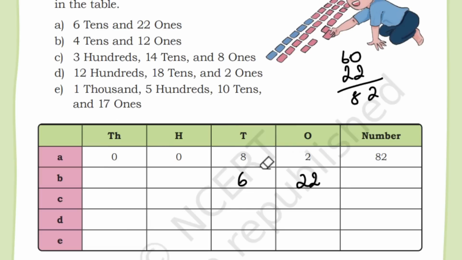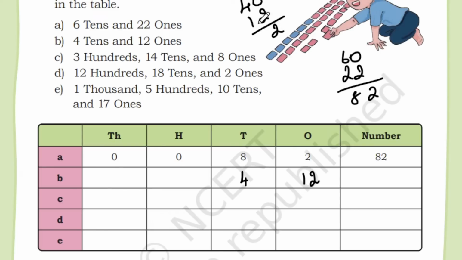I'm going to erase this. Let's go to B1. We have 4 tens and 12 ones. 4 tens is 40, and 12 ones is 12.